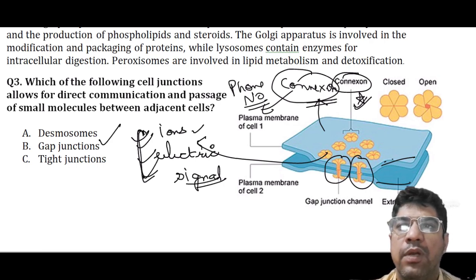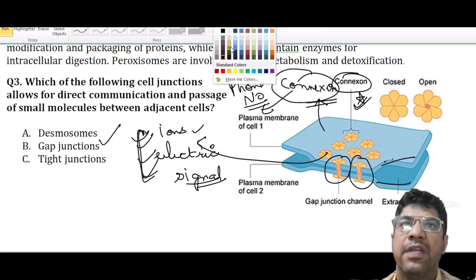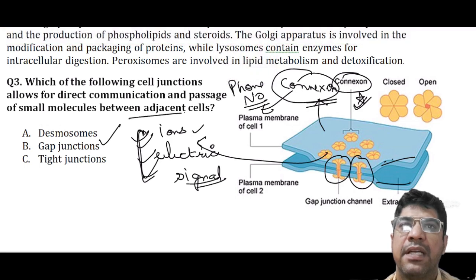They also let molecules and ions pass between the cells. The cell junction that allows for direct communication and passage of small molecules between the adjacent cells is the gap junction.